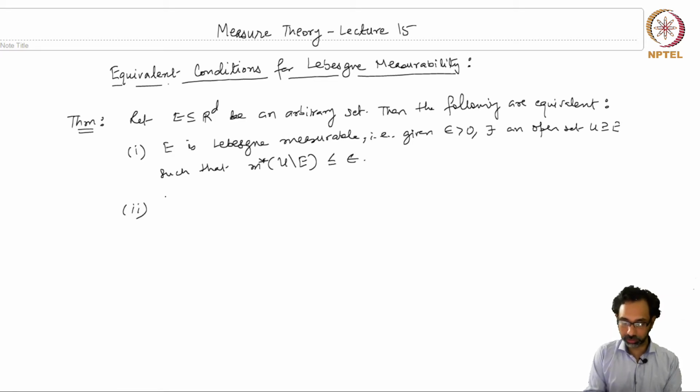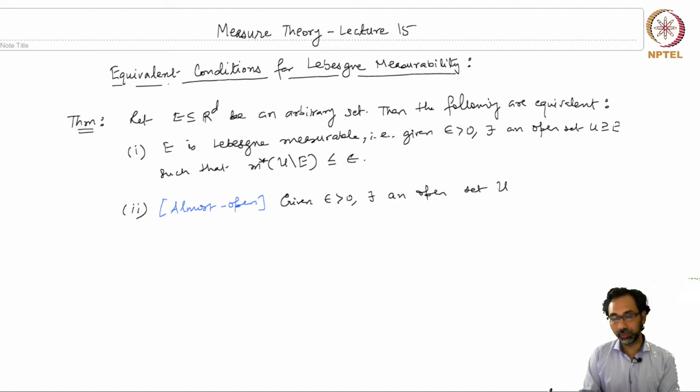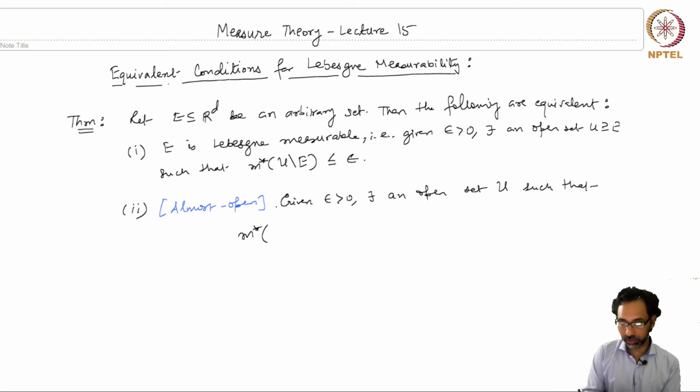The second one can be termed as the almost open criteria, which says that given epsilon greater than 0, there exists an open set U. Now E may not necessarily be contained in U, but nevertheless we have that, rather than the set difference, we will take the symmetric difference: the outer measure of U symmetric difference E is less than or equal to epsilon.